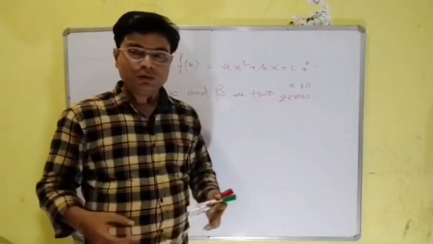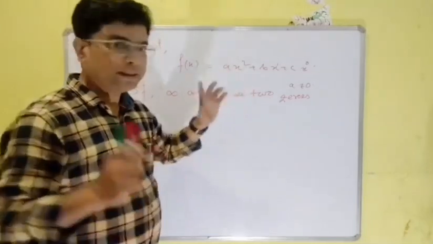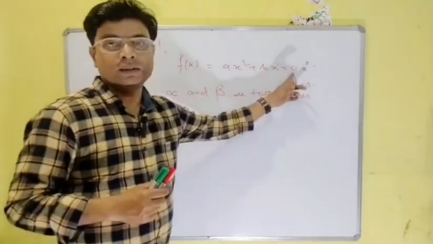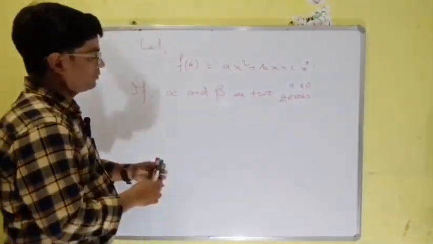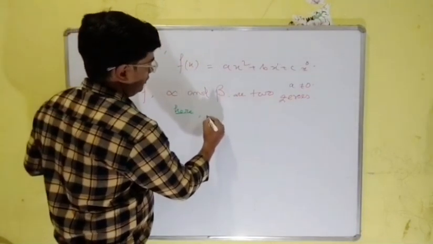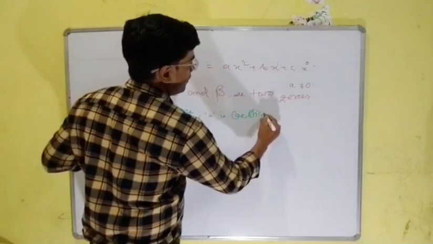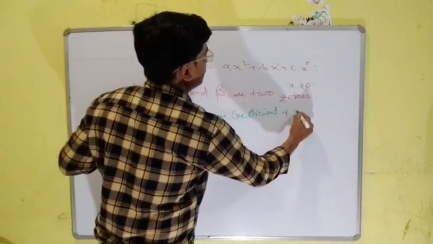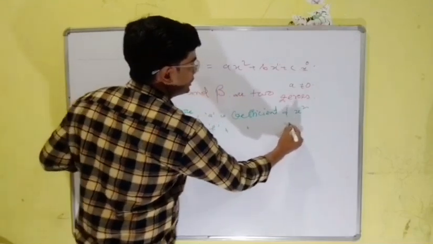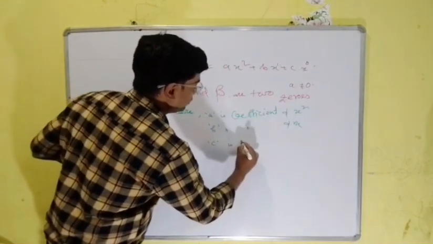Then I am going to check the relation between the zeros and the coefficients. The coefficient of x square is a, the coefficient of x is b, and the rest of the term c is the constant term.